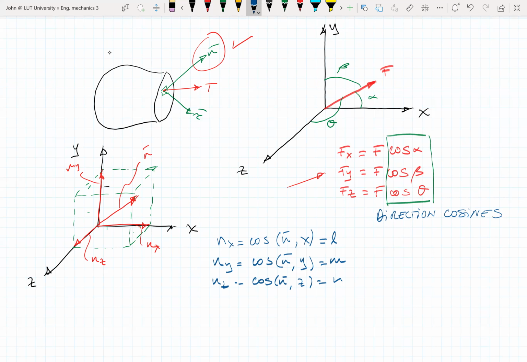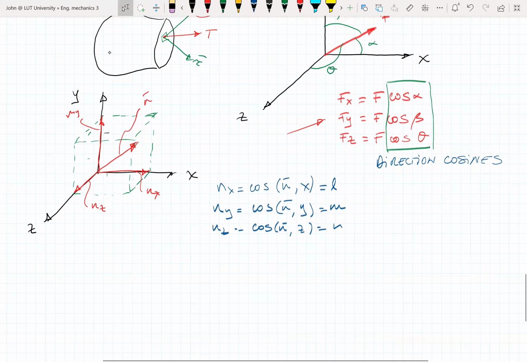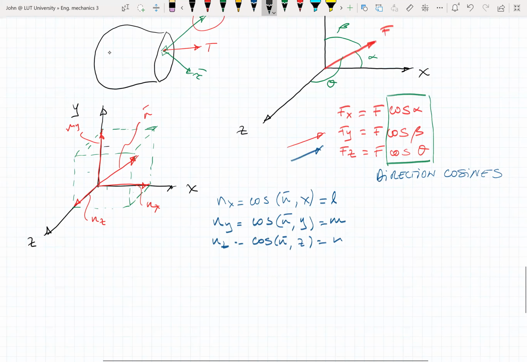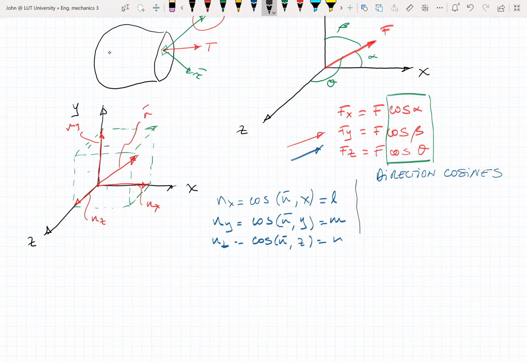One important thing to consider here is that these three angles are not independent. There are two independent angles and one, let's say, dependent angle. Let me show you what I mean by that. If I come back to the example of the vector f, if I wanted to know the magnitude of the vector f, I would have to apply some equivalence of the Pythagorean theorem.